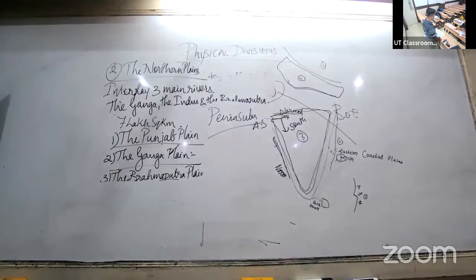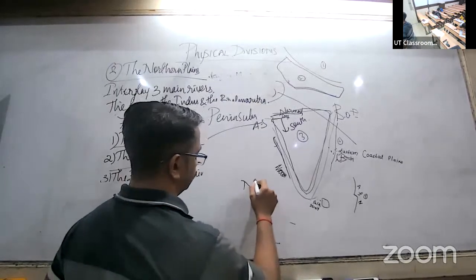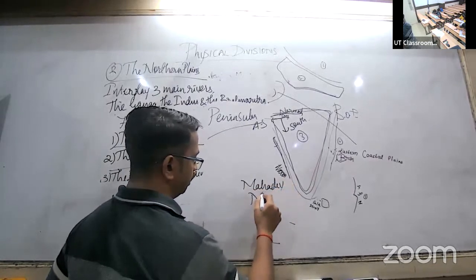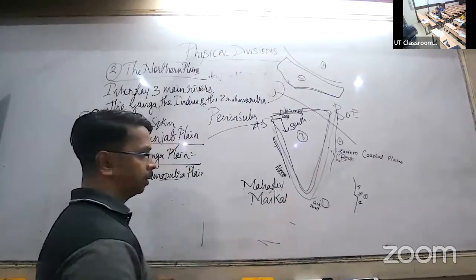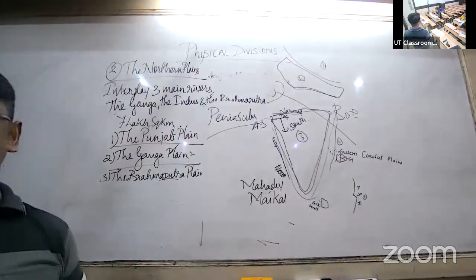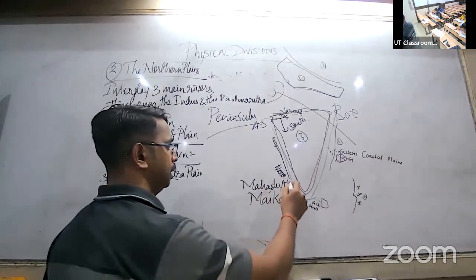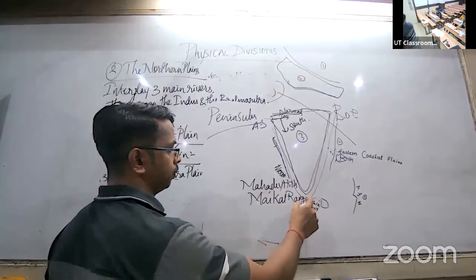For example, Mahadev Hills, and the Maikal range. Hills. Mahadev Hills. This is the Maikal range.